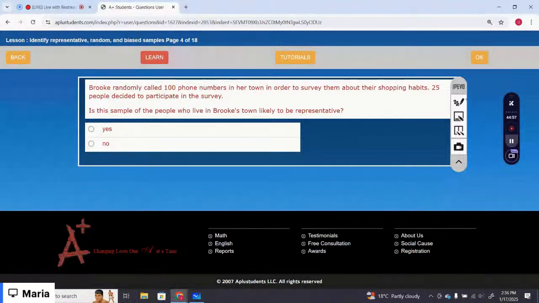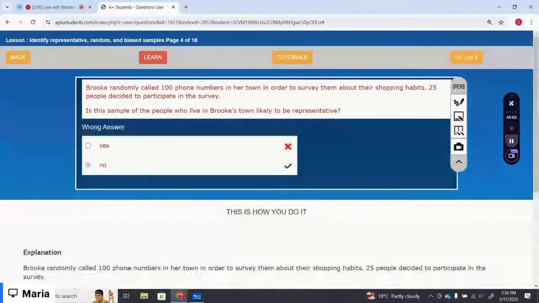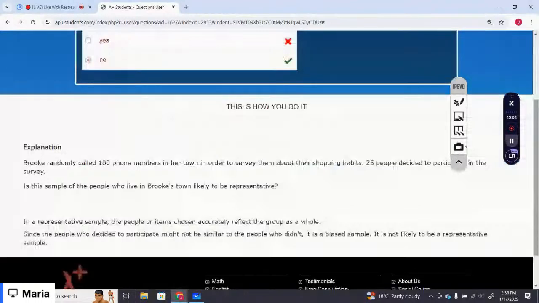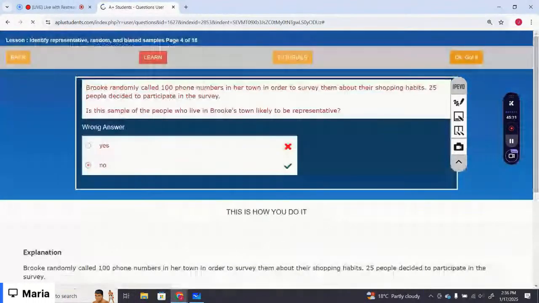Option number one is the correct option. Not representative, that is biased, I think. Yes, that is a biased sample.